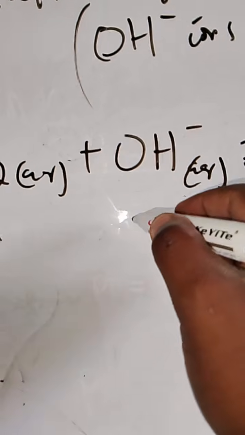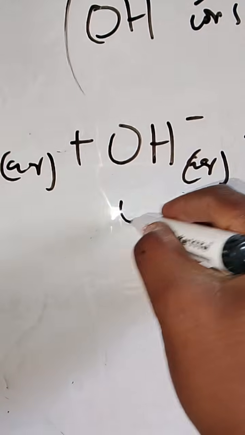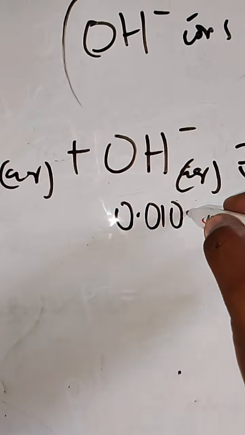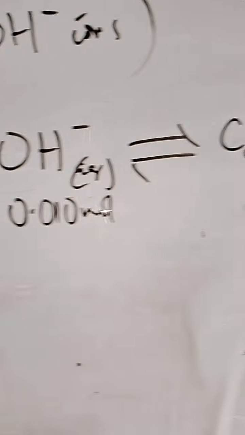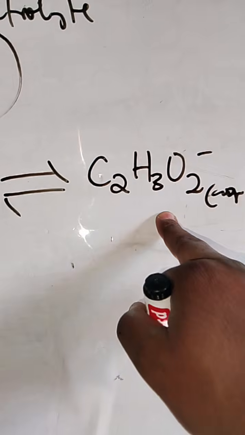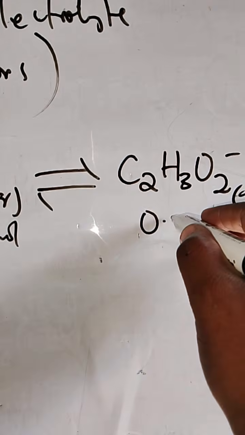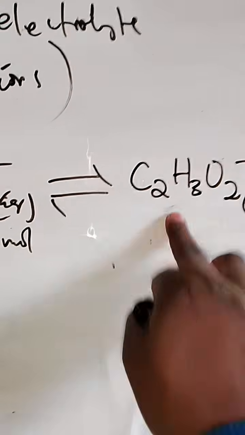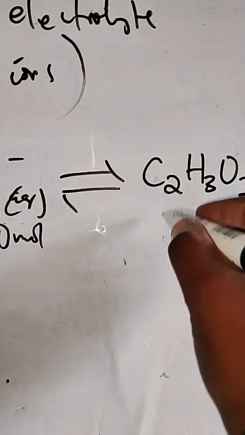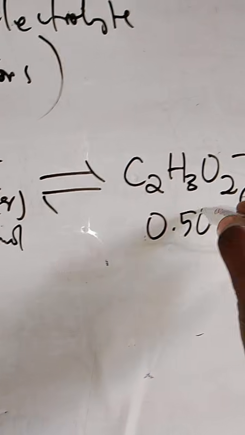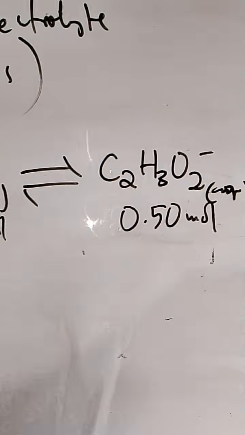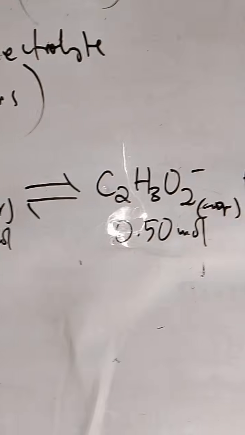Then the hydroxide ion is 0.010 mole. The conjugate base is initially 0.500 mole. Water is neutral there.